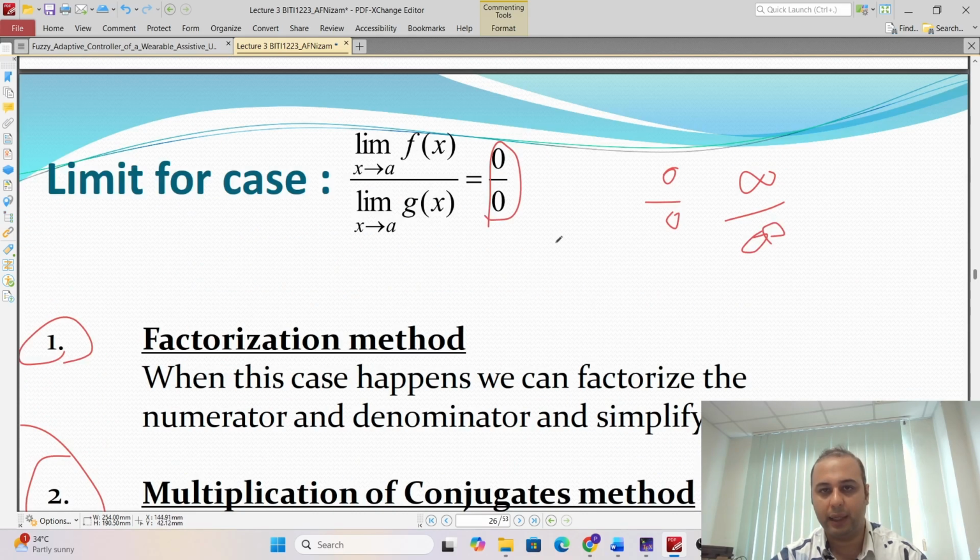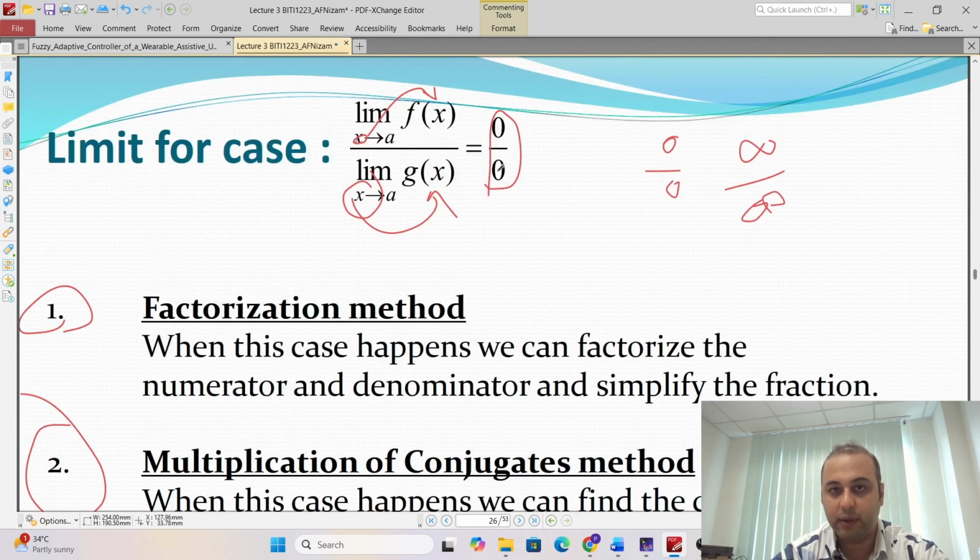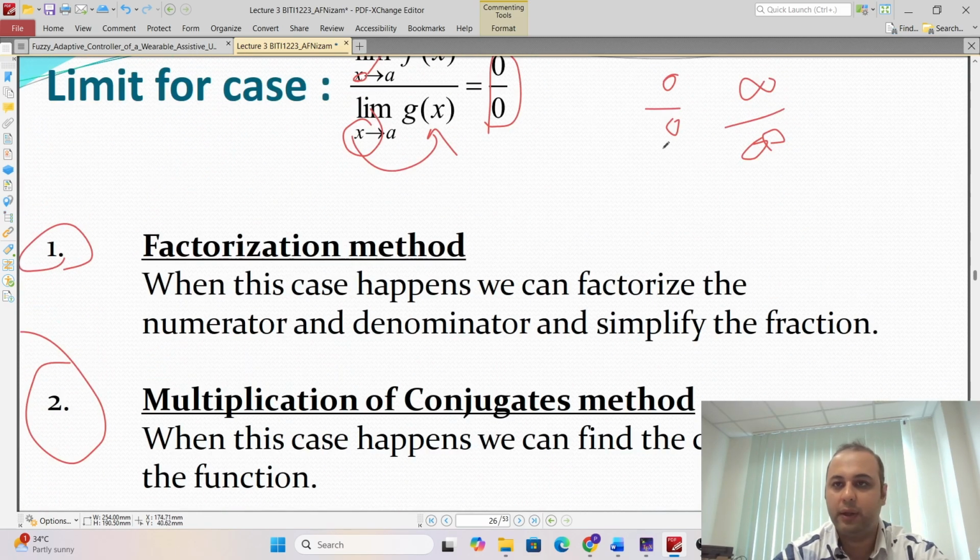This is not the real answer. If we find 0 over 0 by simply substituting x inside f(x) and g(x), it's not the real answer, and the same if we face infinity over infinity.